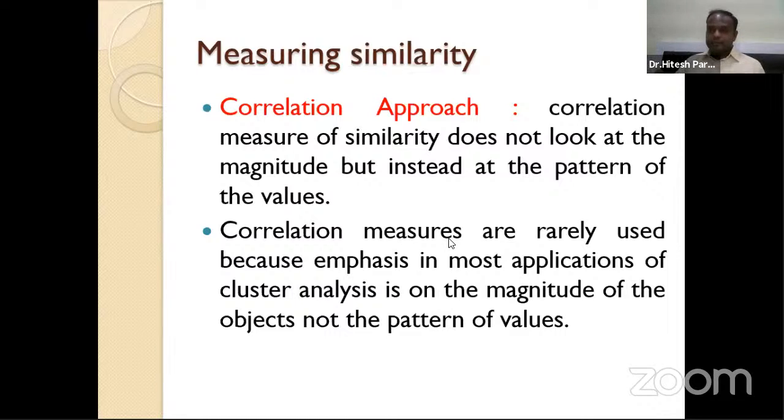What we are interested in in cluster analysis is the magnitude, not the pattern. That is why we should not apply the correlation approach in our similarity measure. Correlation measures are rarely used because the emphasis in most applications of cluster analysis is on the magnitude of the objects, not the pattern of values.